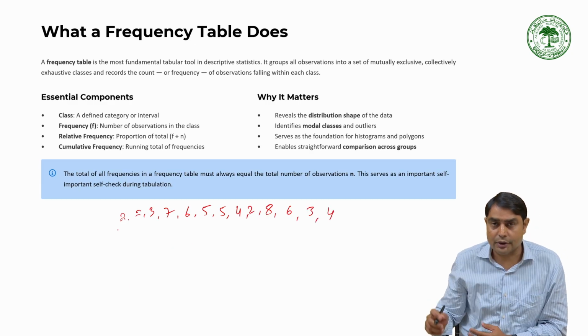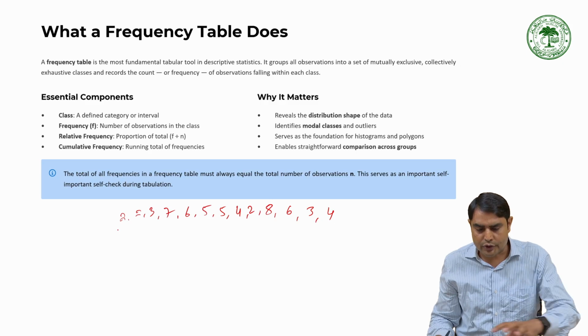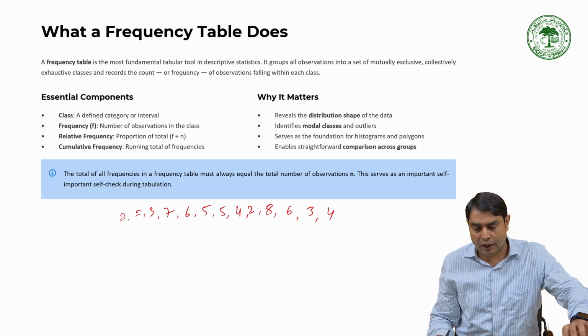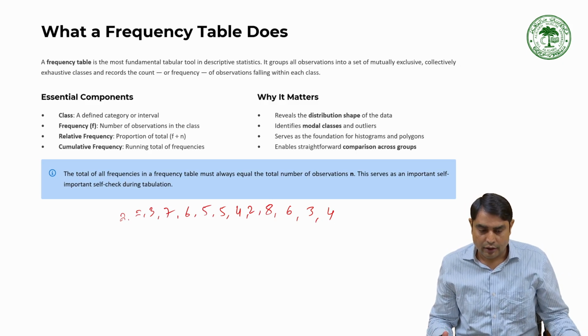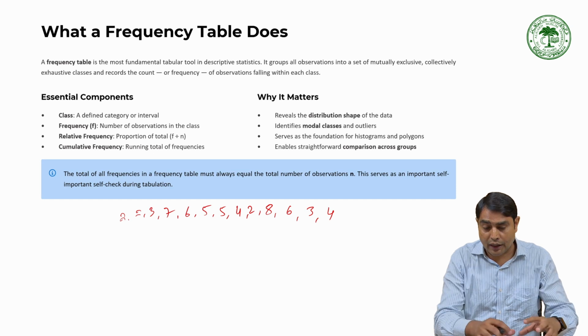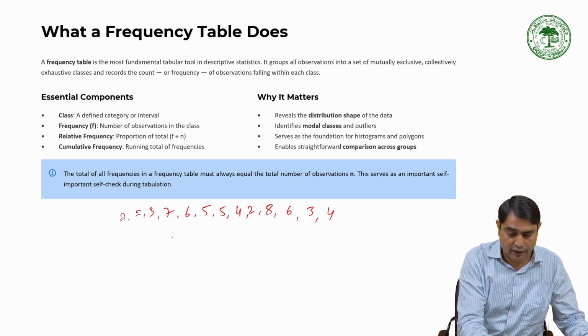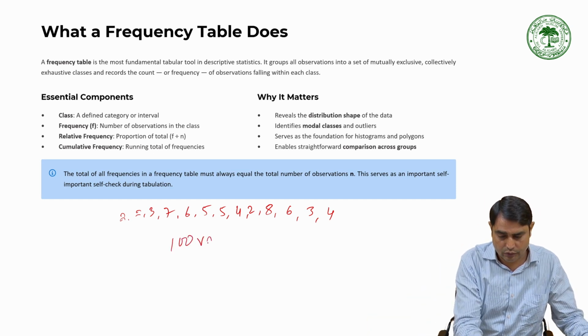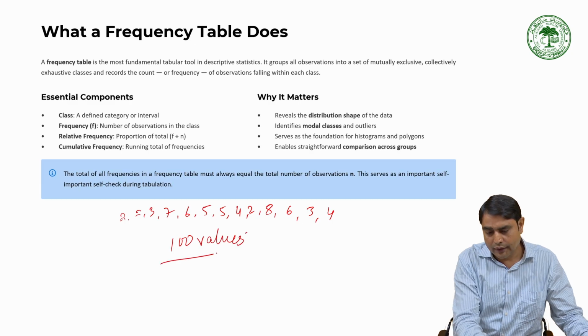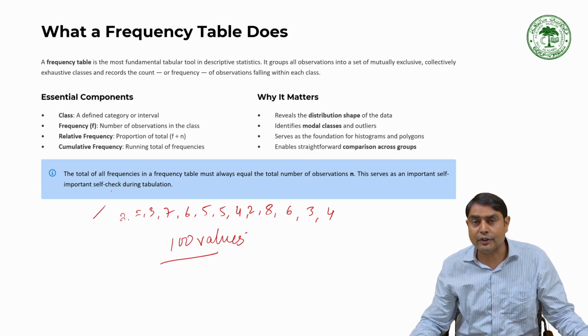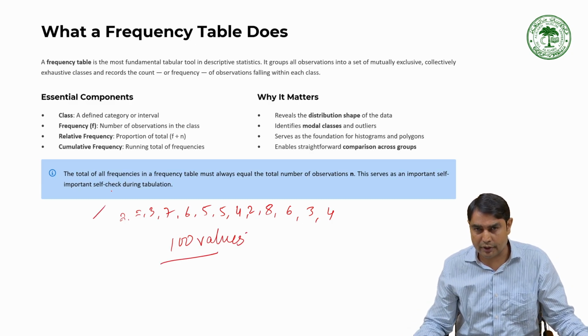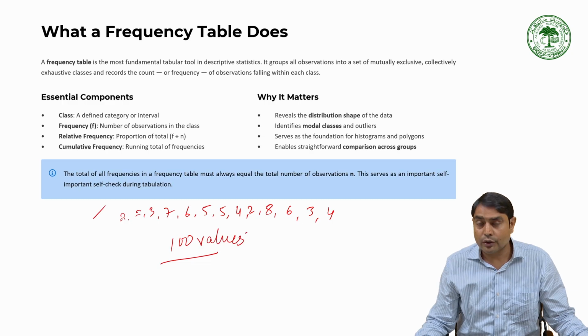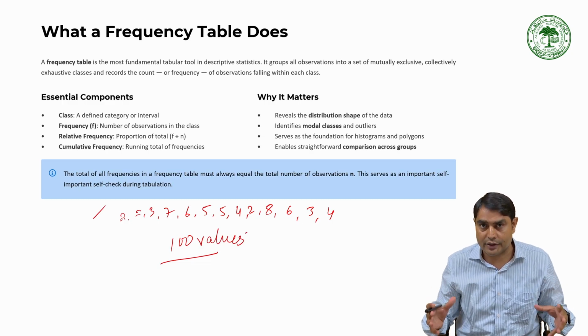So these are the numbers. If I'm using them as individual or ungrouped data, then it's okay. But when I have a large number of values, say 100 such values or 1,000 such values, then dealing with this data becomes a little cumbersome or complex. So what I need to do is create a frequency for this.